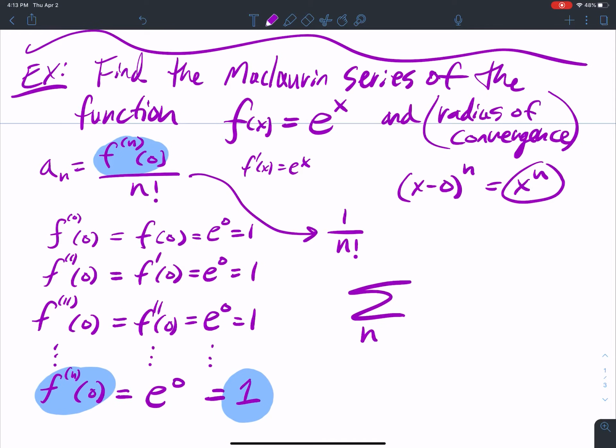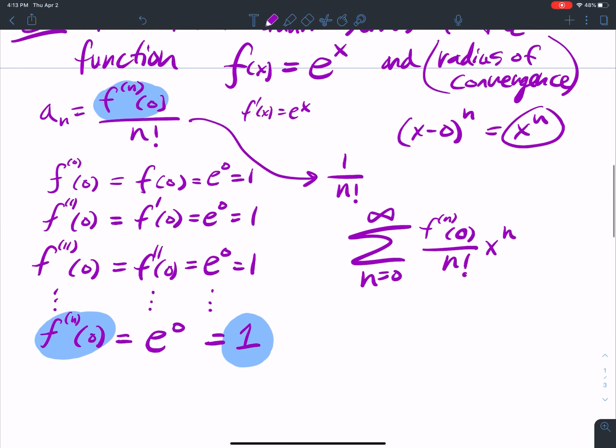This is the series n equals 0 to infinity of f^(n) evaluated at c, which is 0 for the Maclaurin, over n factorial times x to the n. We determined that f^(n) of 0 is 1, so this is n factorial in the denominator and then x to the n here.